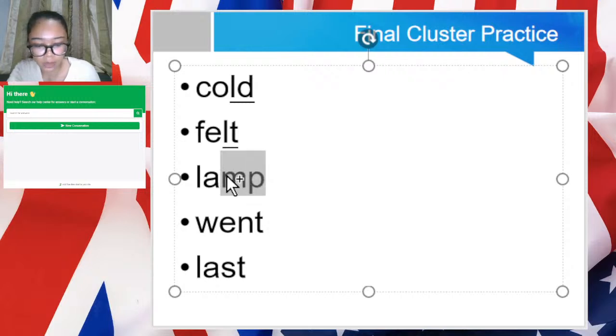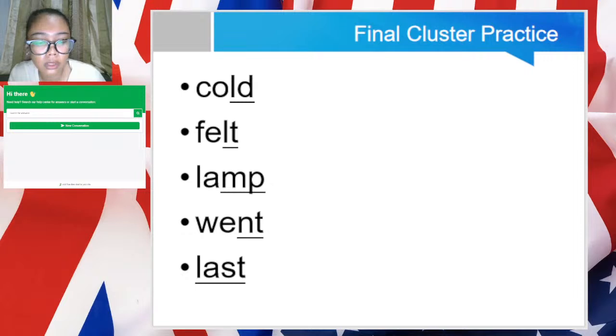I'm identifying it now with an underline. It's very easy to see because it's on the last part of the word, just like ld in old and cold, lt in felt, mp in lamp, nt in went, and st in last. So repeat after me in two, one: cold, left, lamp, went, last. Again: cold, felt, lamp, went, last.